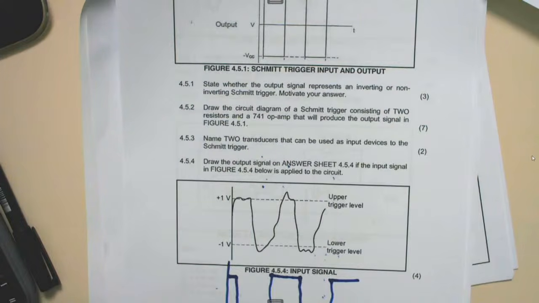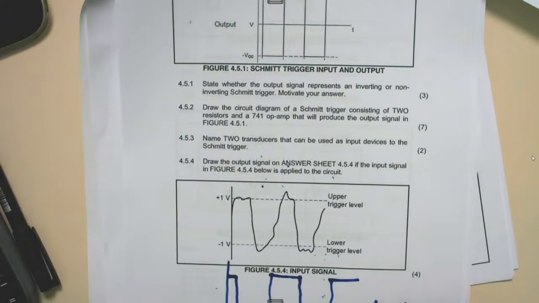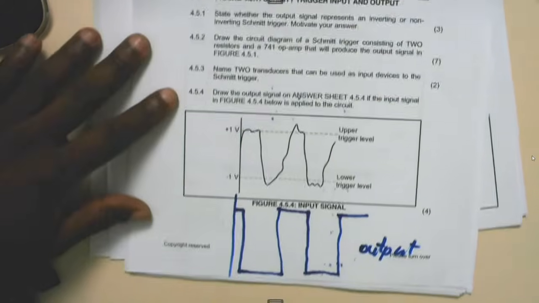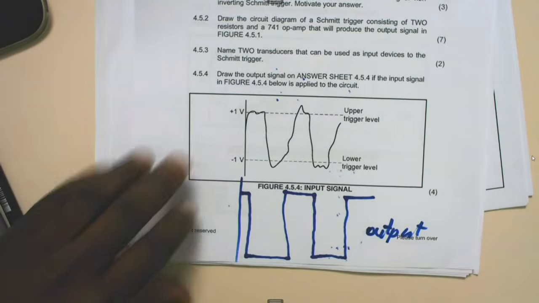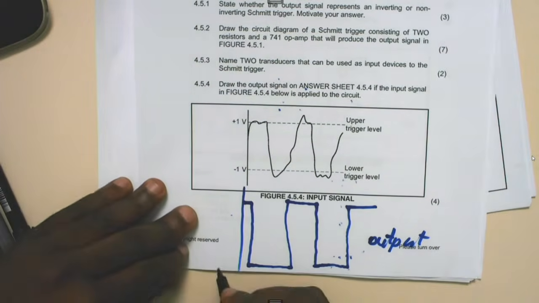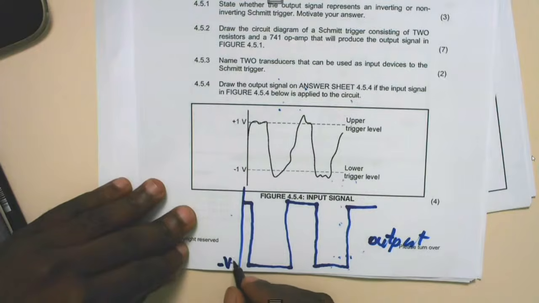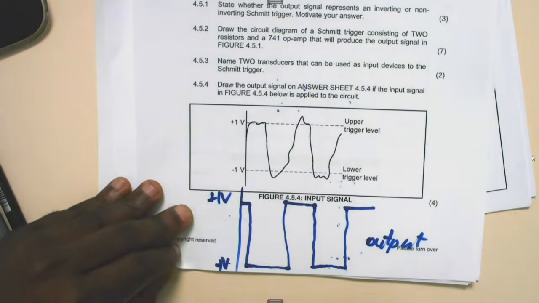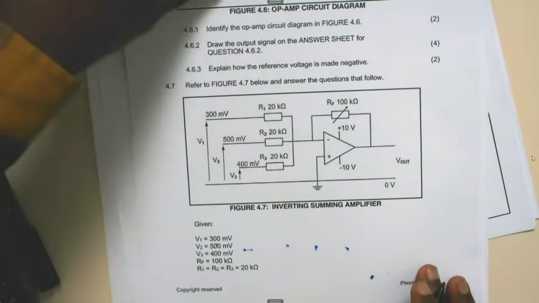For this you'll get your full marks. You've got to write here your output, then you can get your full marks for drawing this circuit. You also have to write here minus 1V, then plus 1V. You'll get your full marks for drawing and labeling the circuit. And let's proceed.